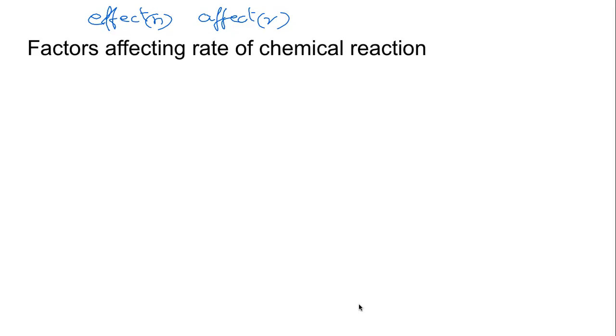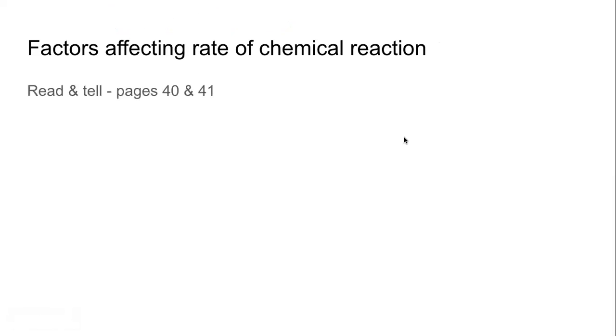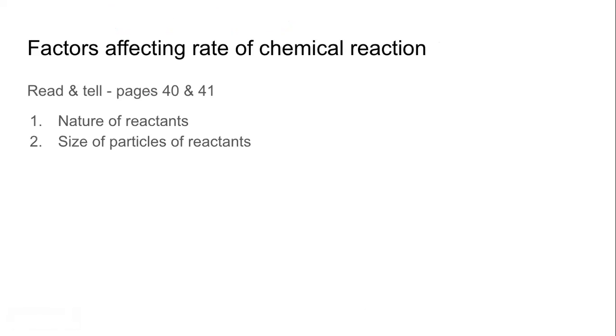Coming back to science. If you read pages 40 and 41 carefully, you would have found out these 5 factors. First one, nature of reactants. Second one, size of particles of reactants.